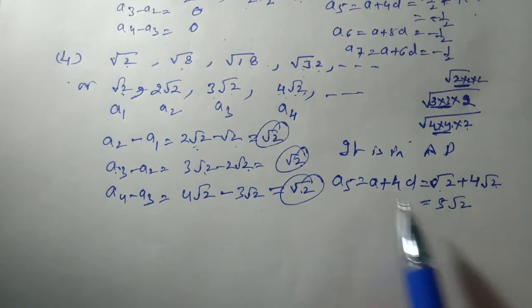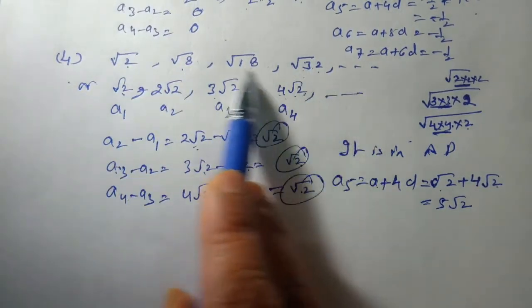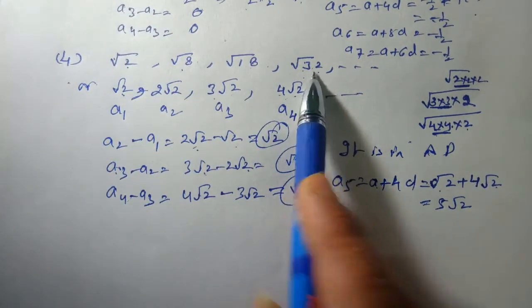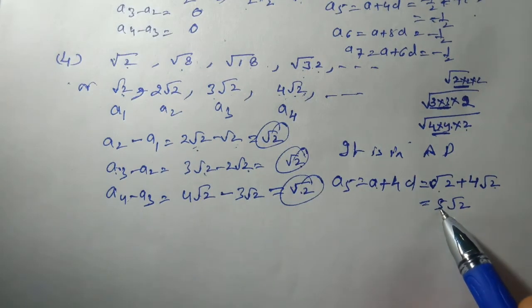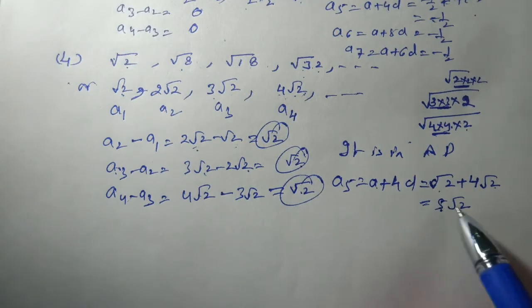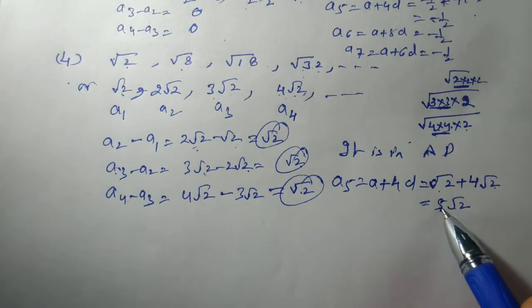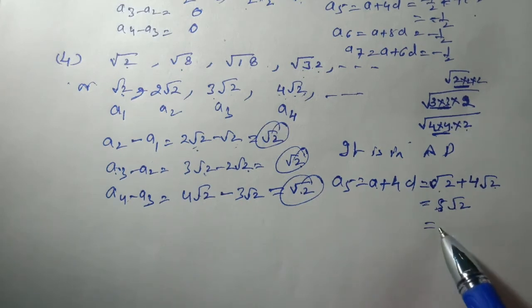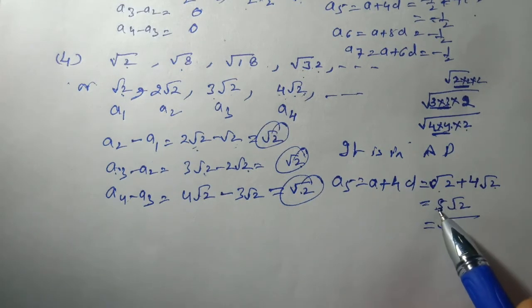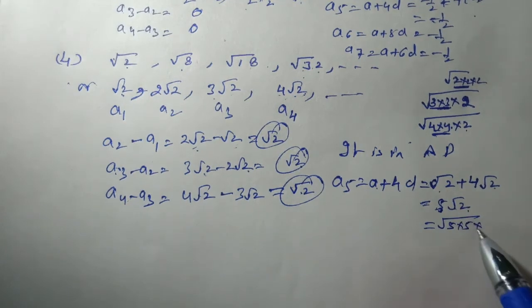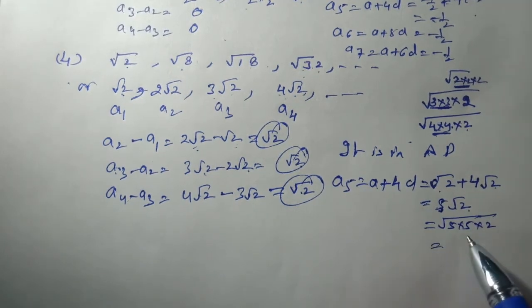Now we have to write it in the form in which the series is given. So 5 is having the pair, that's why it is out of the root. If we want to take the 5 inside the root, we have to take 5 twice to form the pair.